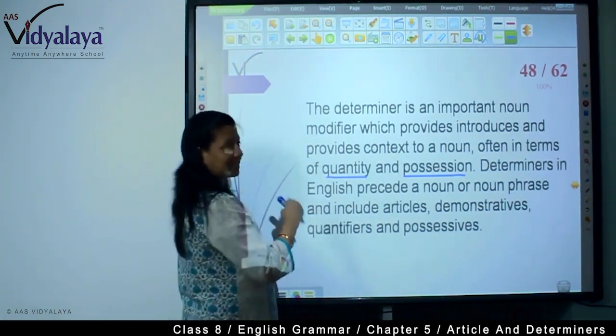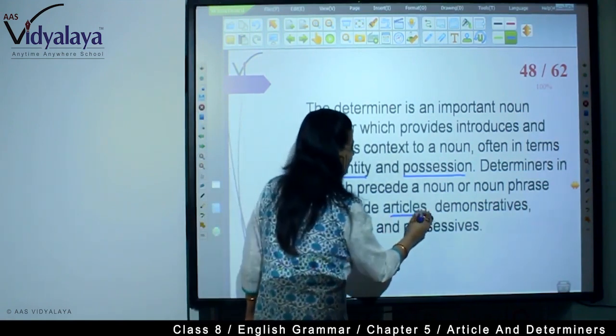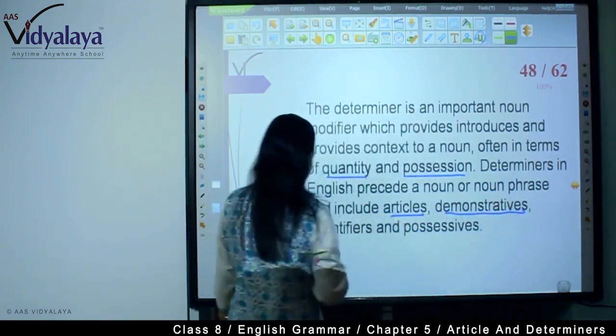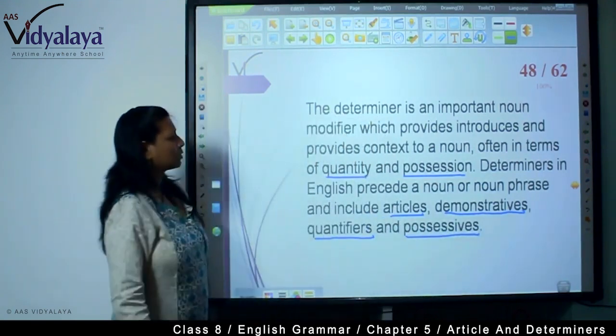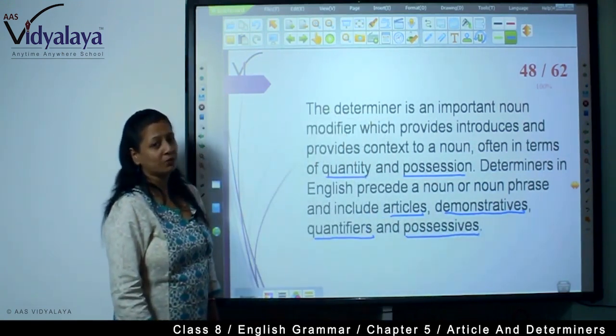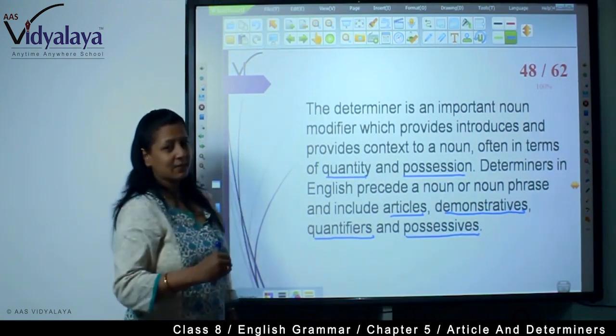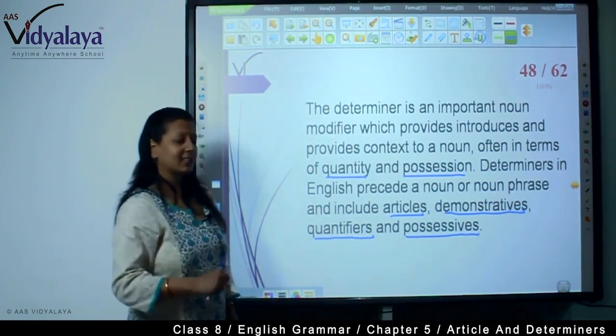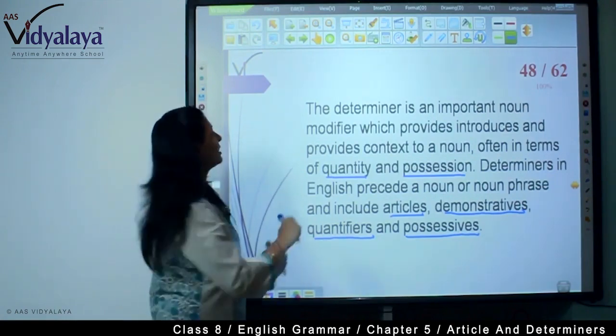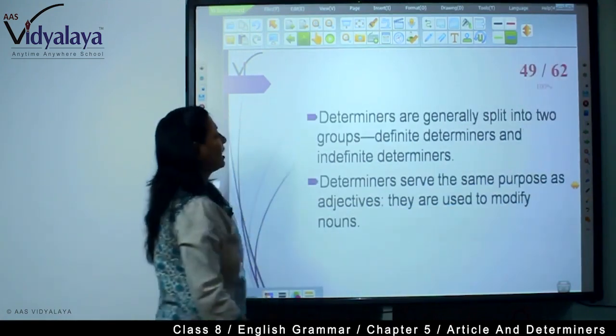So you are seeing determiners are articles, demonstratives, quantifiers and possessives. These are very important noun modifiers. With these determiners, we make our sense a little clearer. So let's see what is there in this session.